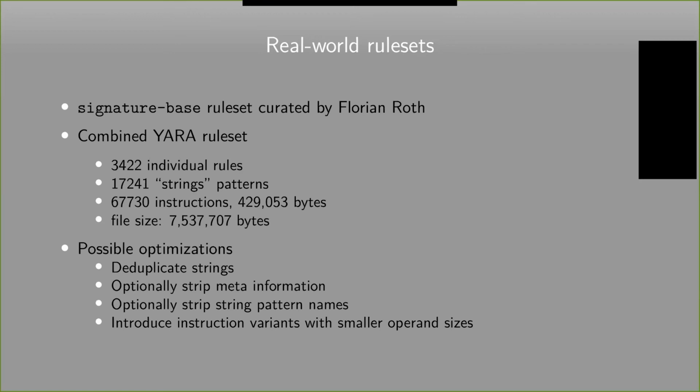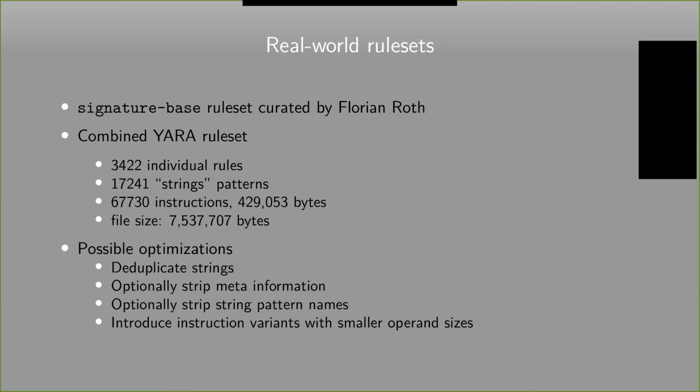If you don't actually use your meta information and are only interested in patterns, and file size for the compiled rule set is of concern to you, you might want to strip those. So maybe the YARA compiler should offer an option to just skip those, or maybe skip the pattern names also.